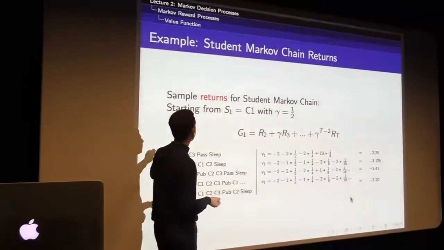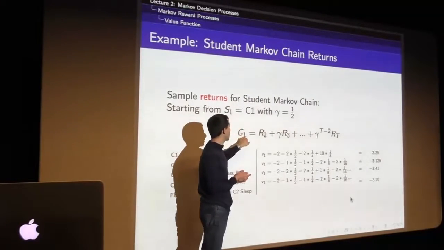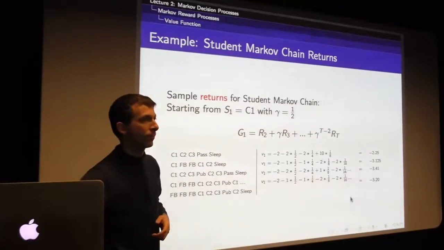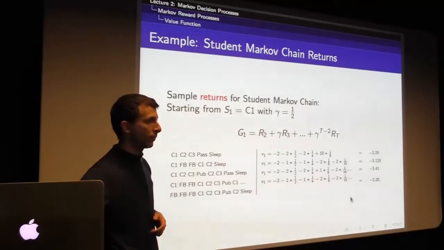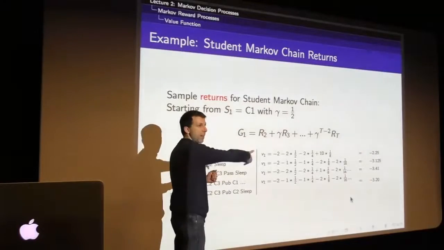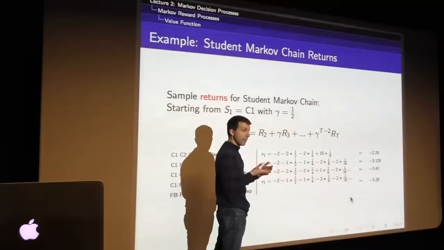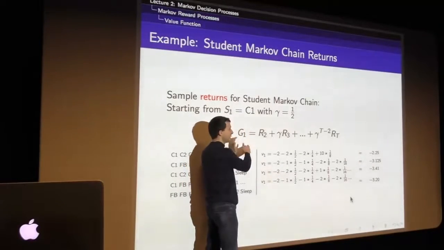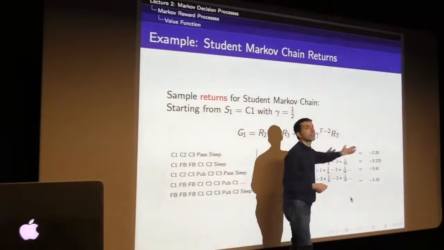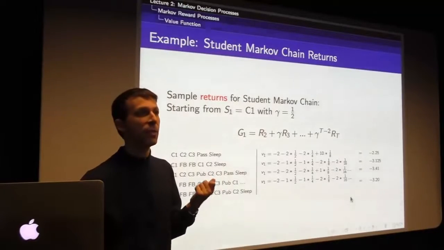We are also starting from S1 equals C1 in this case, but the subscripts are time steps. And they're observed. The point is, here there are no expectations, because we've observed these sequences. These are observed samples of our random process. If we want to ask about the value function, we're asking what's the expected return, what's the expected number that's going to pop out at the end. What's the average of these numbers, and that's how good it is to be in the first state of the student Markov chain.